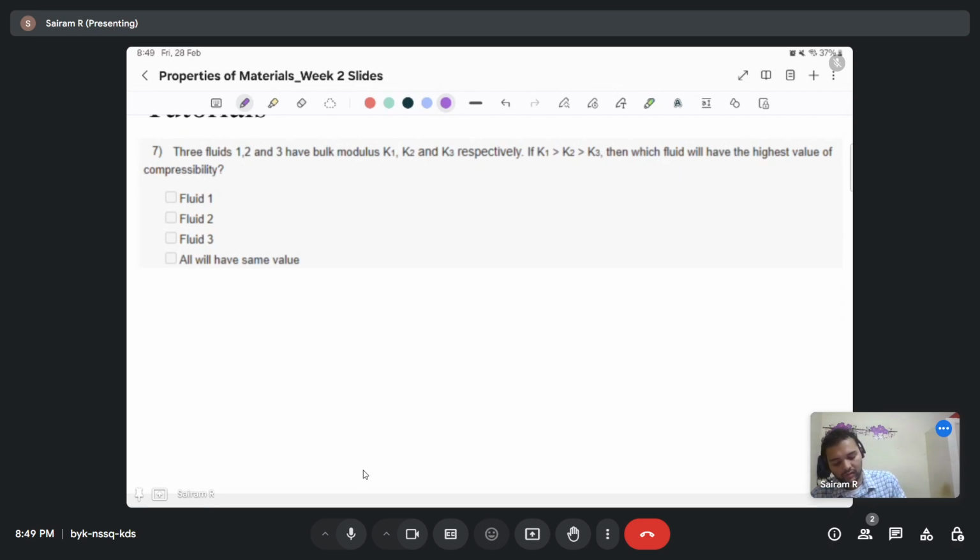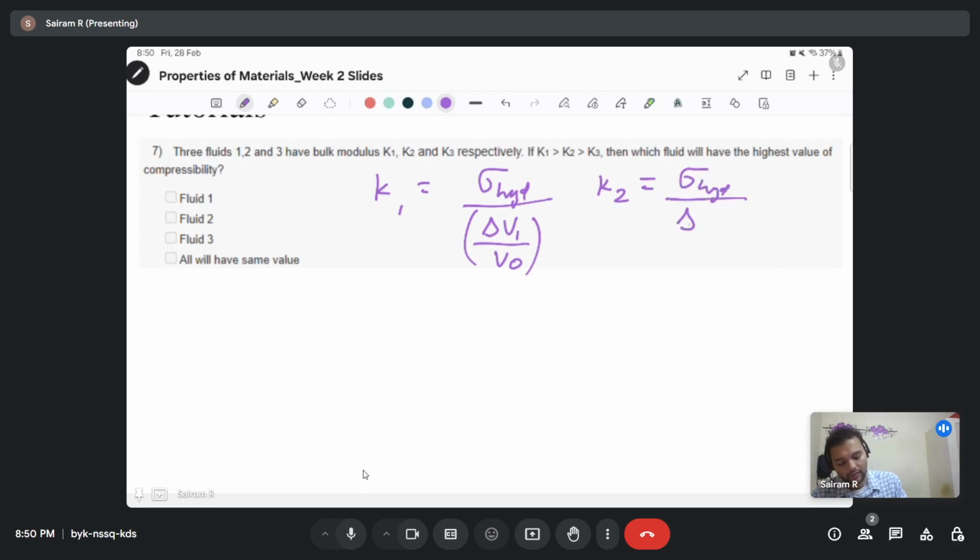So bulk modulus K1 equals, let's say, sigma hydrostatic, which is very similar, by del V1 by V naught. K2 equals sigma hydrostatic by del V2 by V naught, and K3 equals sigma hydrostatic by del V3 by V naught.